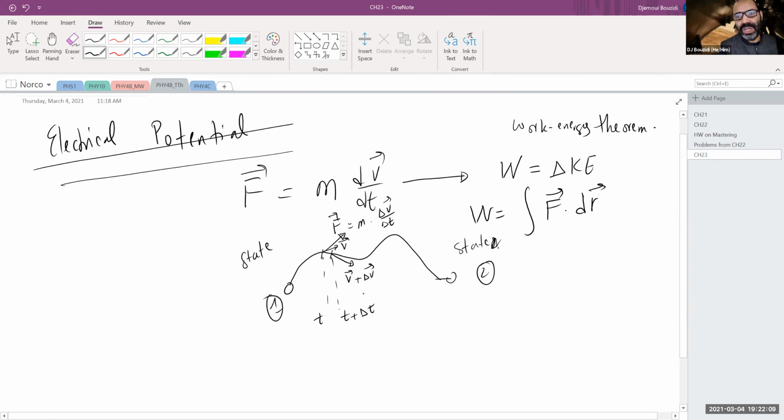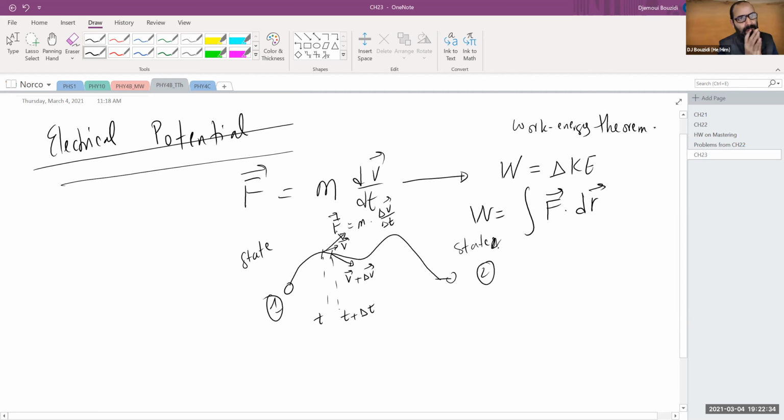And the ratio of delta v over delta t is exactly the acceleration with which this object is moving, okay? So the force is changing velocity constantly at the rate of the acceleration, in taking the object from position 1 to position 2. We know F equals ma.